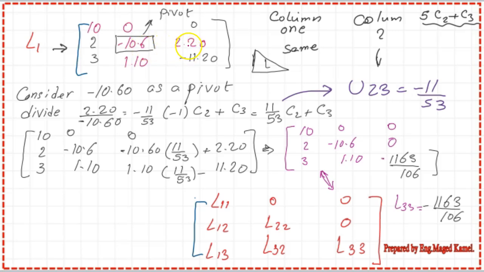We are going to divide 2.2 over minus 10.6, but again we are going to multiply by a minus sign. Multiplied by C2, add to C3. So we have this factor 11 over 53 multiplied by C2 plus C3.